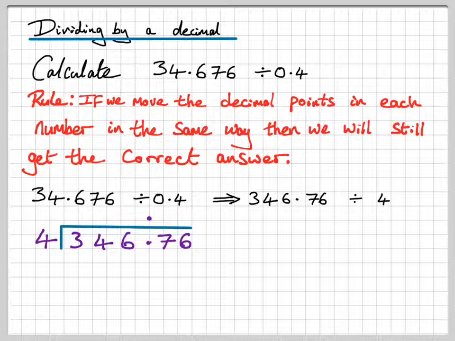So if we write this out now in a normal division method, we can begin. 4 into 3 doesn't go, so we can write a 0 down and carry the 3 across. 4 into 34 will go 8 times, which will give us 32, and that would leave us with a remainder of 2, which we can carry across to make 26. 4 into 26 will go 6 times, which will give us 24, so there's a remainder of 2 to carry across to make the next number 27. 4 into 27 will go 6 times, and this time there'll be a remainder of 3 that we can carry across the last digit, and 4 goes into 36 9 times.